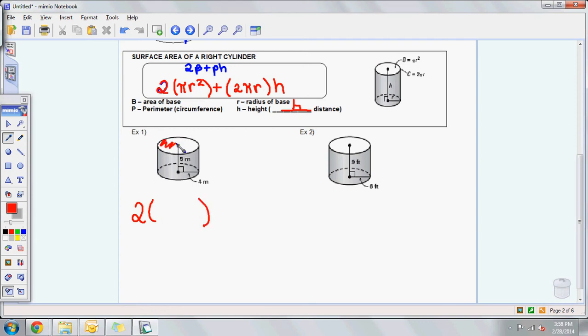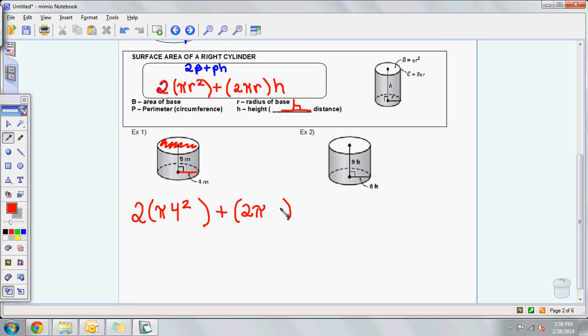So my area of my bases here. So I'm going to start with pi. And then I'm going to look for my radius. I need to do radius squared. So my radius is right here. So I'm going to do 4 squared. Okay, so got that, plus my perimeter. So my perimeter is going to be 2 pi times my radius again.